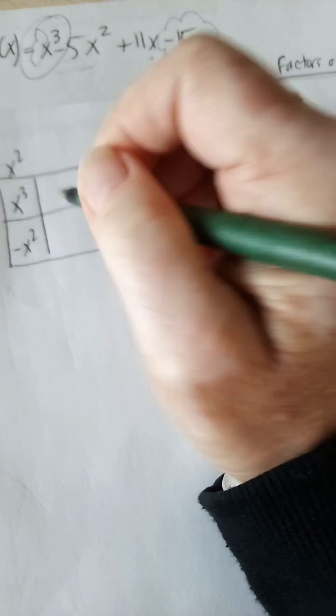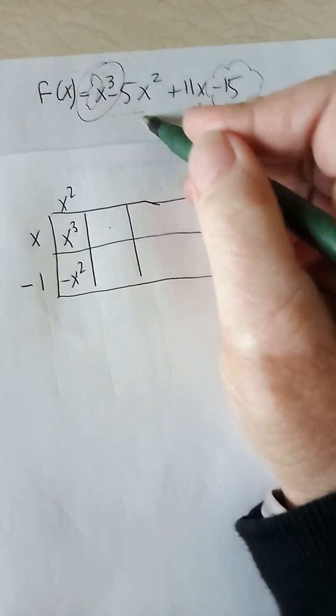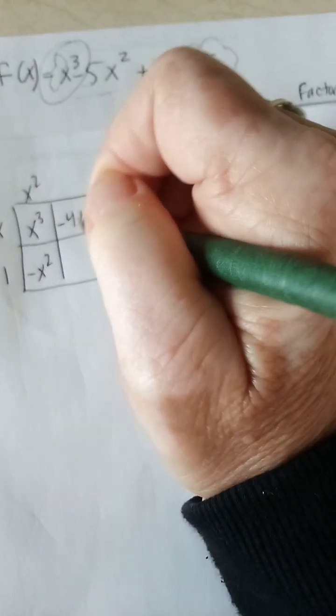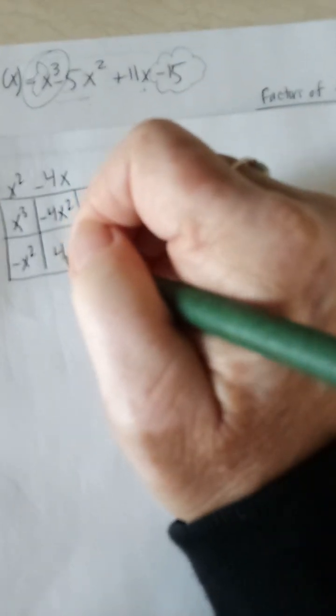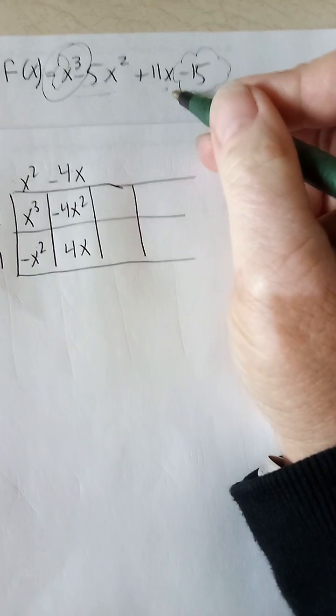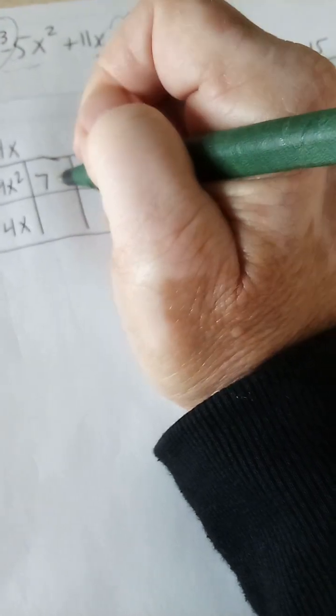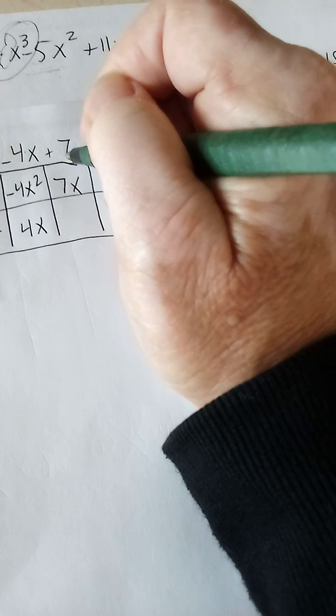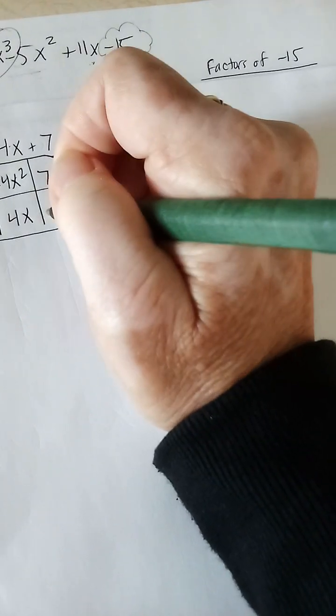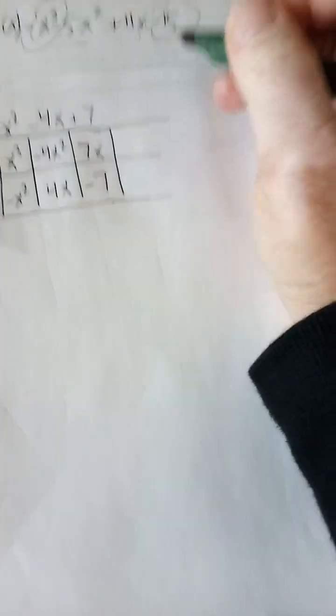These two have to add up to -5x squared, so this will be -4x squared. That forces this top part to be -4x. -4x times -1 is 4x. My x's have to add up to 11, so I guess that makes this 7x, and it forces this top part to be 7. And then this ends up being -7. Well, that's not -15.